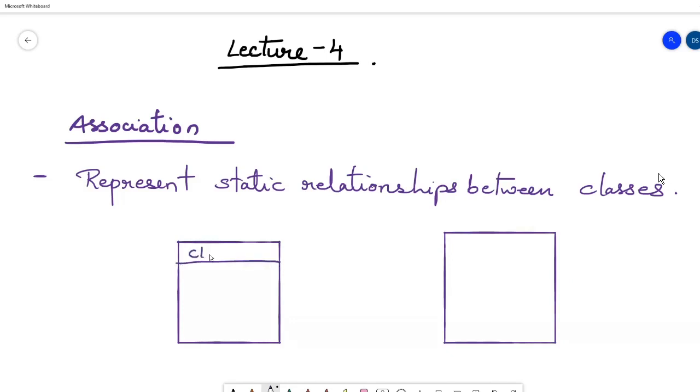So let's say there is a class name. I said that the class name would always be in bold and in the center. In the last class I taught you the class name, and here we'll have attributes and functions. So let's say we have some attributes, operations, and responsibility.